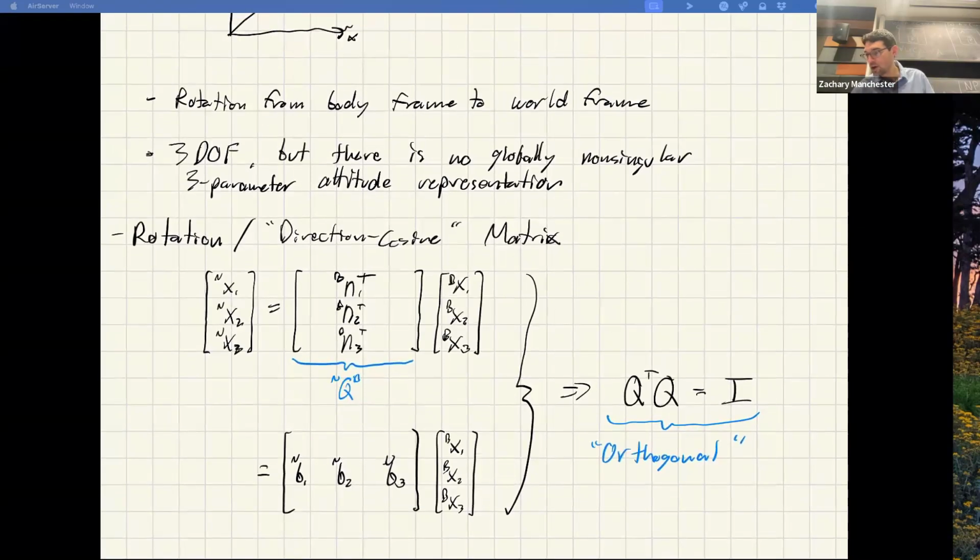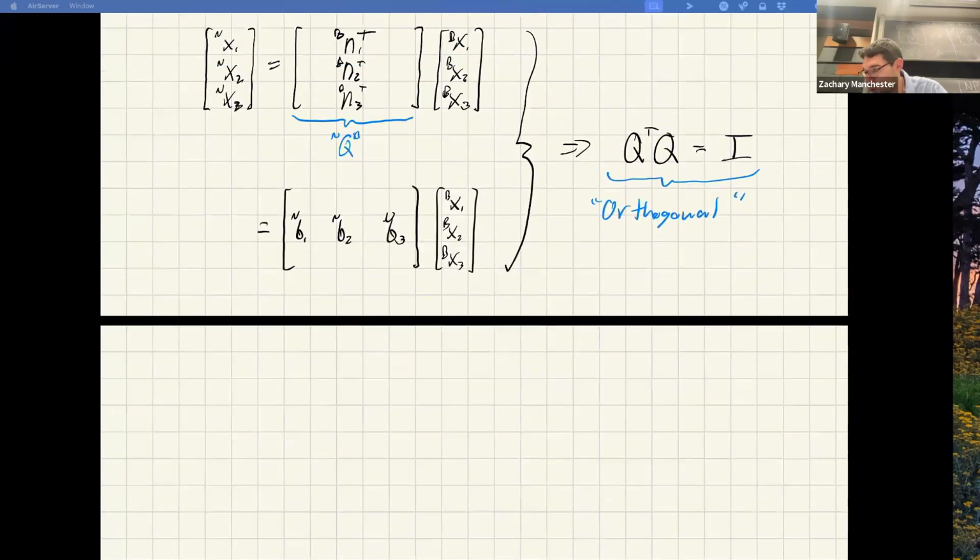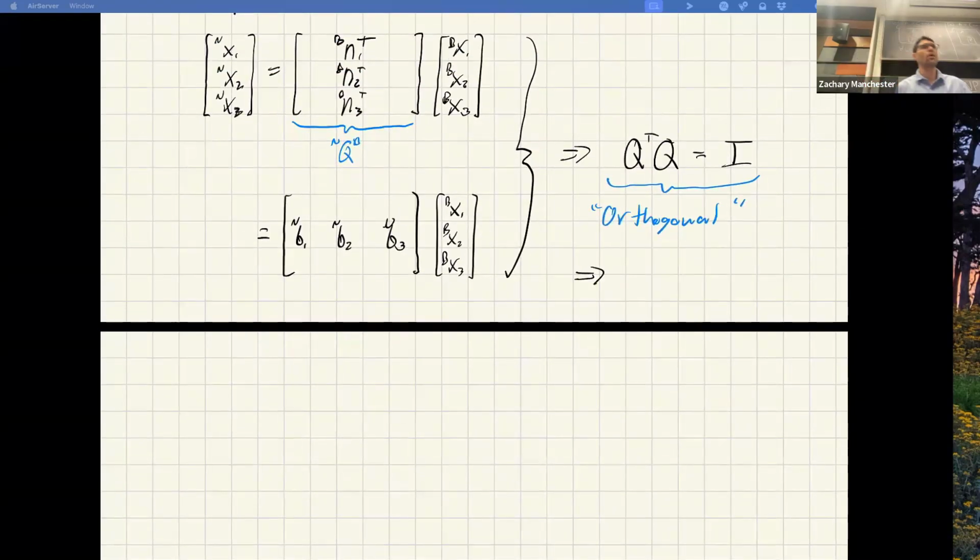The other corollary to this is, what is Q inverse? Yeah, exactly. If Q transpose Q equals I, and the definition of inverse is Q times Q inverse equals identity, then we also know that Q inverse equals Q transpose, which is another way of defining orthogonal matrices, it turns out.